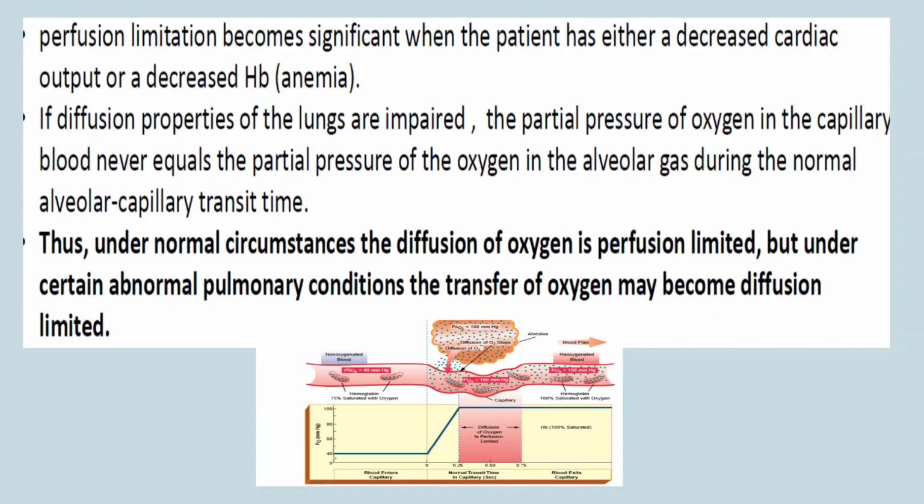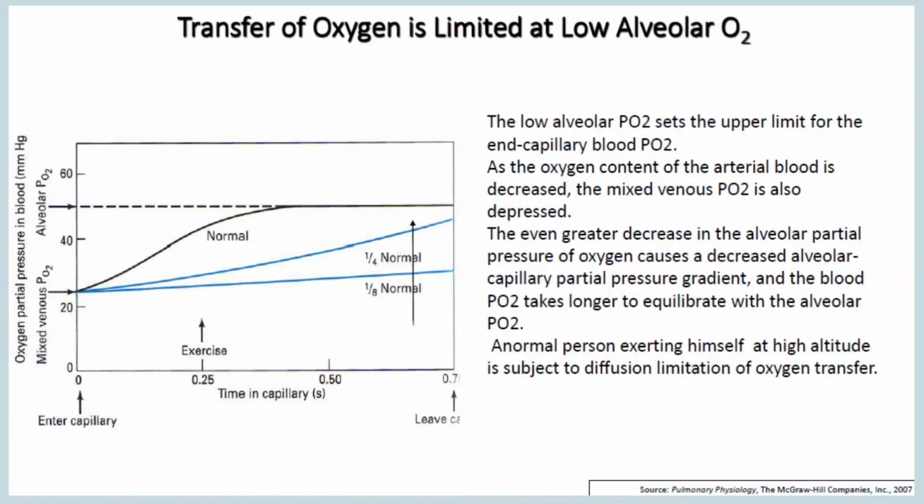So when will diffusion limitation happen? When equilibrium is not reached. How is it possible? Because in certain conditions the partial pressures will always remain a gap between them. And perfusion limitation becomes significant when the patient has decreased cardiac output or decreased hemoglobin, or anemia.